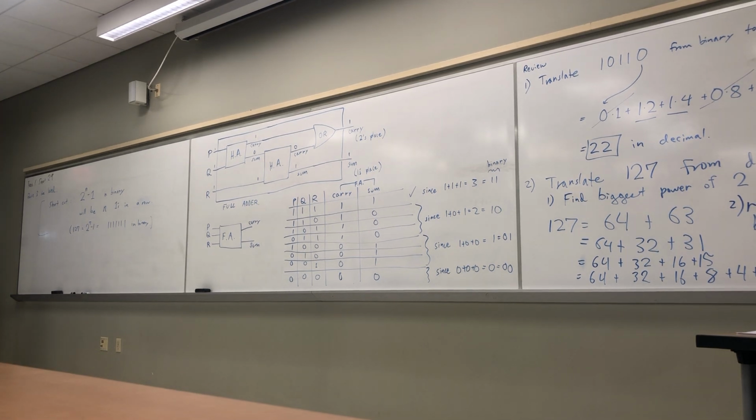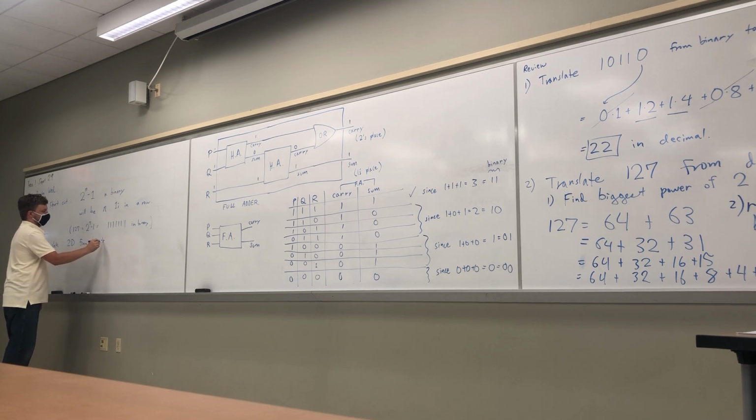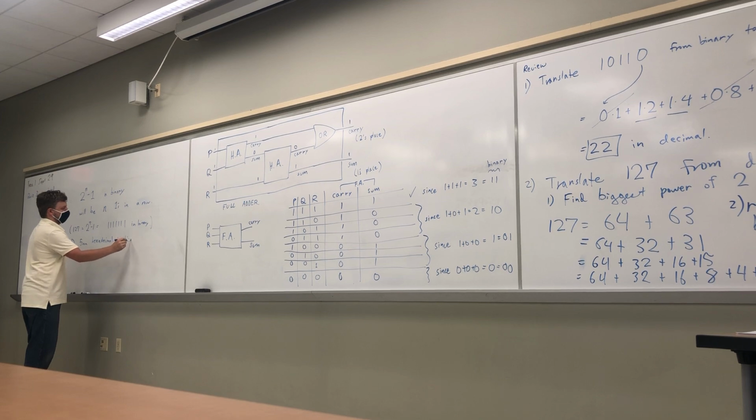I did 2 examples, so the third example here would be to translate a quick hexadecimal number like 2D from hexadecimal to binary.